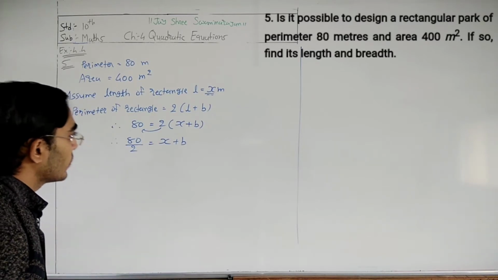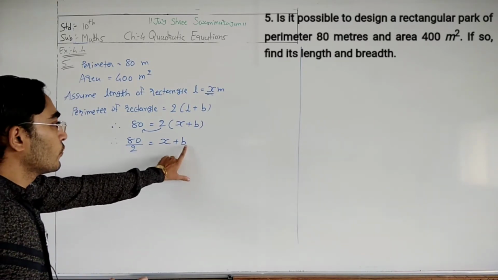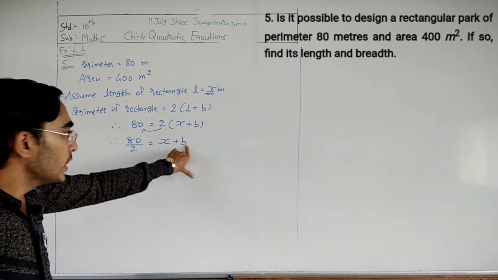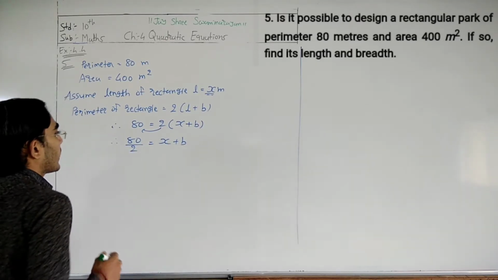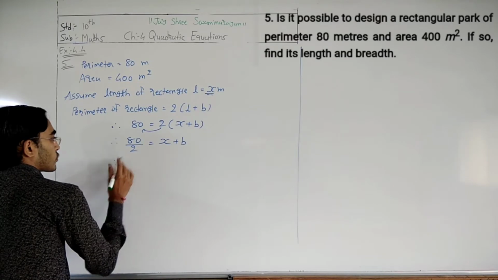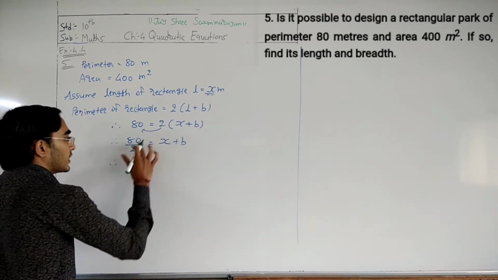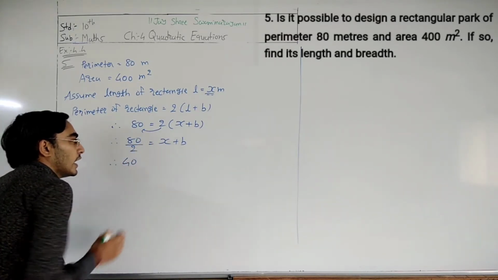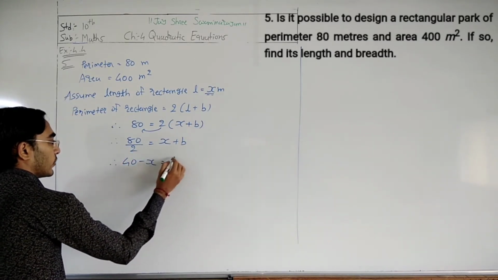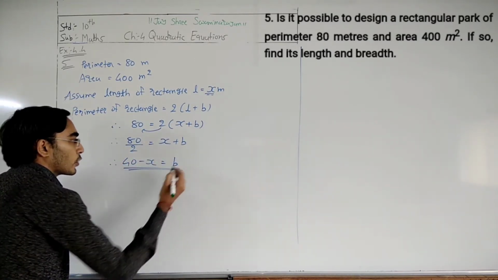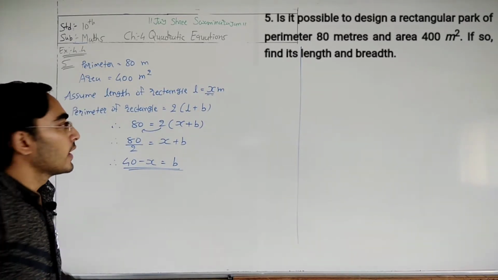Now we want to find our breadth b, so we need to transfer this x to the other side. 80 divided by 2 is 40, and if you transfer this plus x, it becomes minus x. So this is the value of your breadth b.